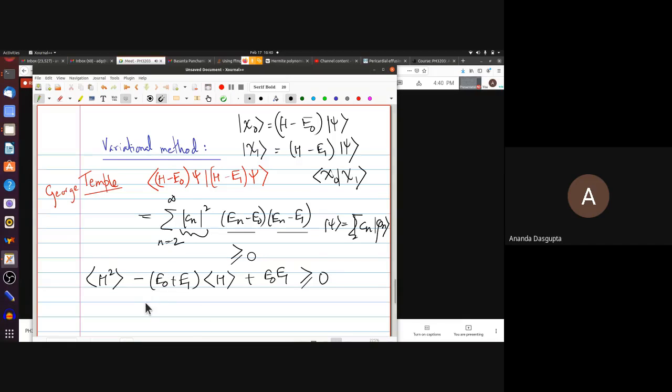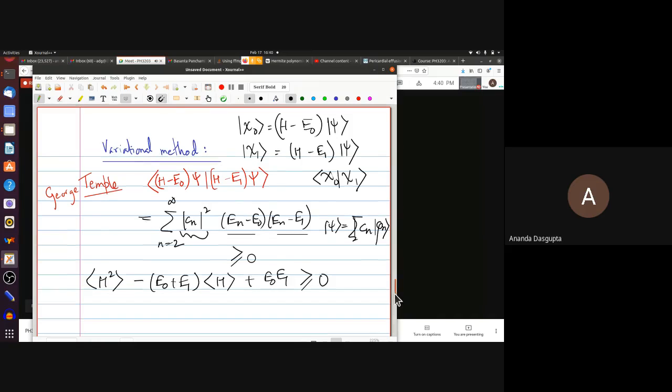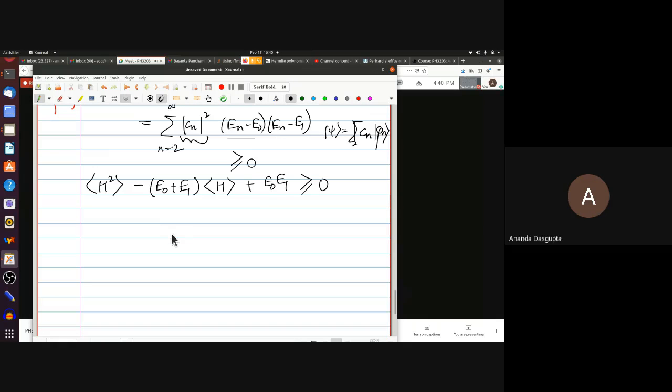And then we rewrite this as an inequality and use that to figure out Temple's bound. That is, we managed to show that ultimately the energy level E0, the ground state energy, has to be more than this.